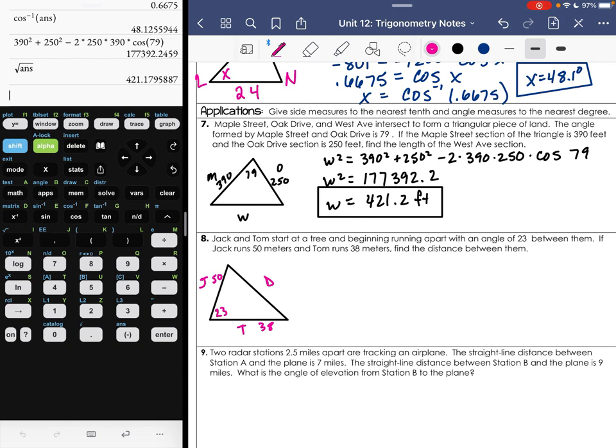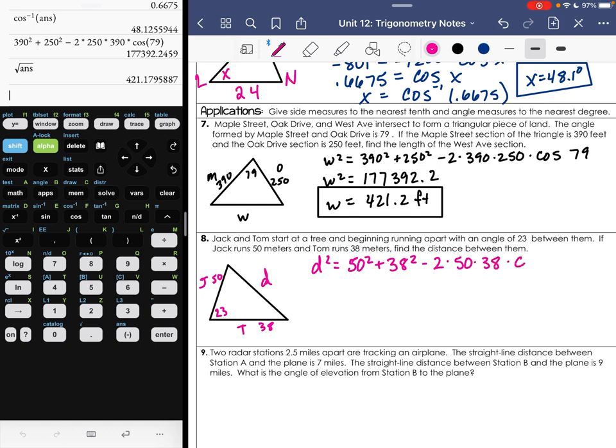So we're going to do distance squared equals, and I did a capital D, but I definitely should have done a small one. I just did that because I was using J and T for Jack and Tom. So then we have that that's 50 squared plus 38 squared minus 2 times 50 times 38.